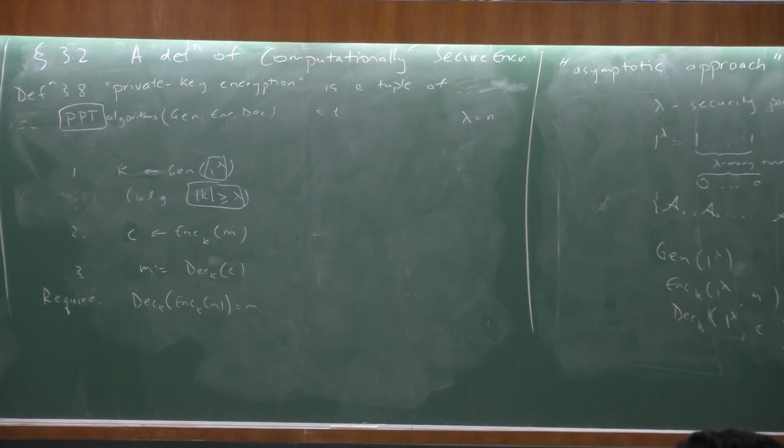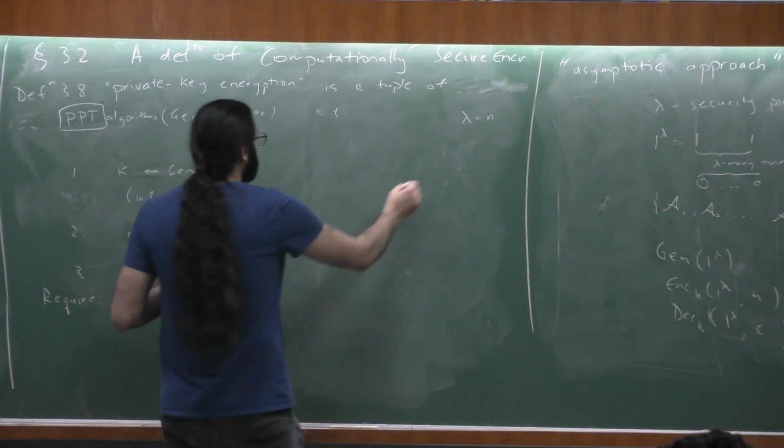The security game now is going to be exactly the same as what we had before, except that the adversary would now be polytime, and the probability would be half plus negligible instead of half. Those are the only two differences. Let me write it here.